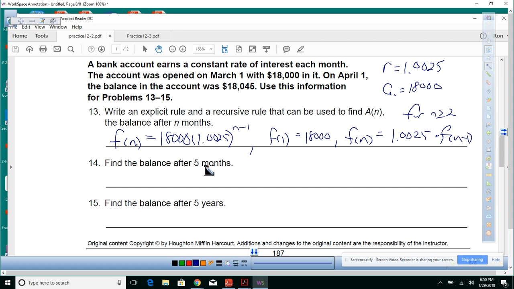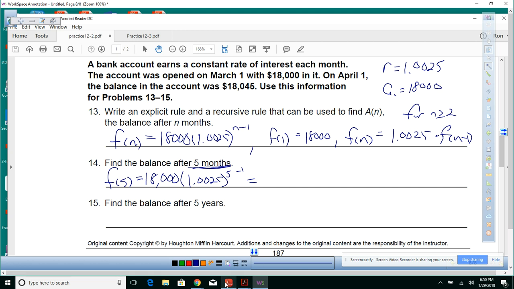Find the balance after 5 months. So how am I going to find the balance after 5 months? Well, let's see here. How about f of 5 equals 18,000 times 1.0025 to the 5 minus 1. What does that give me?